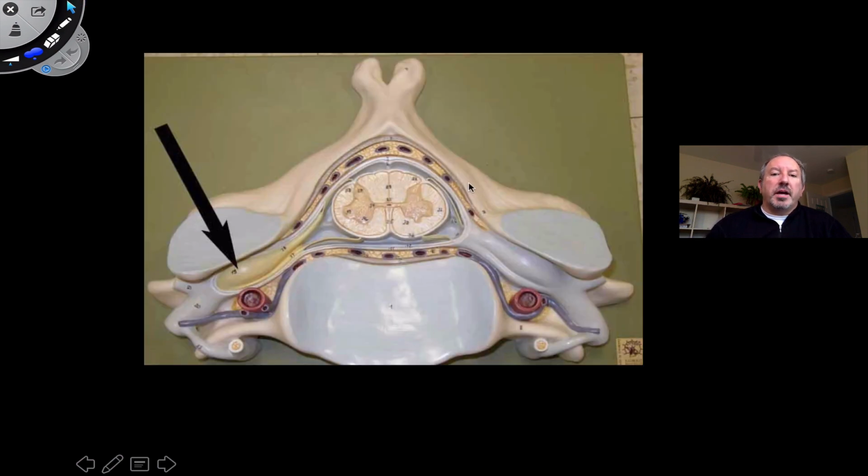Again, this is a nice model of a whole cross-section of a cervical vertebrae. You can see the spinal cord. And again, you can see the dorsal root coming off right in here. Here's the dorsal root ganglion right here, which is ultimately going to connect into a spinal nerve. And the spinal nerve is conducting sensory information.